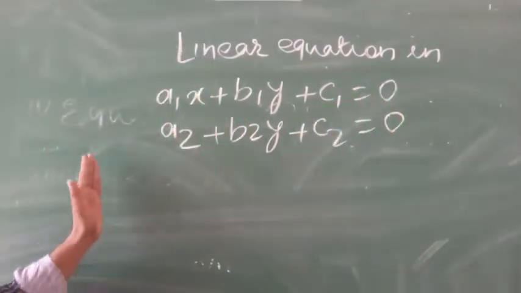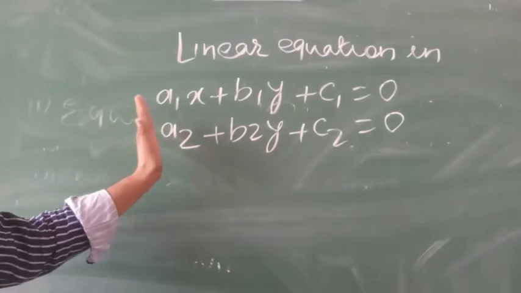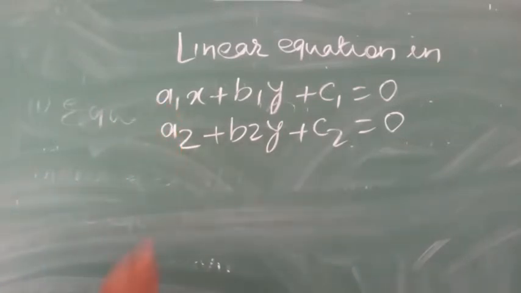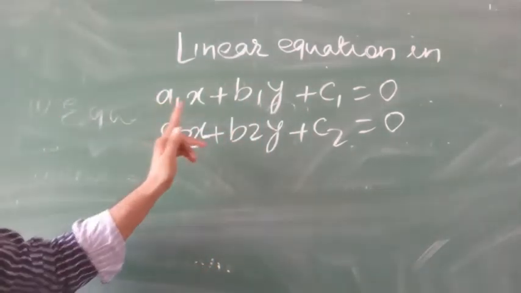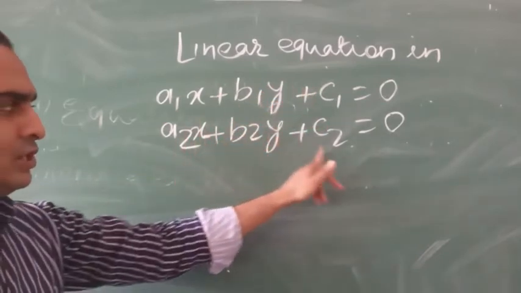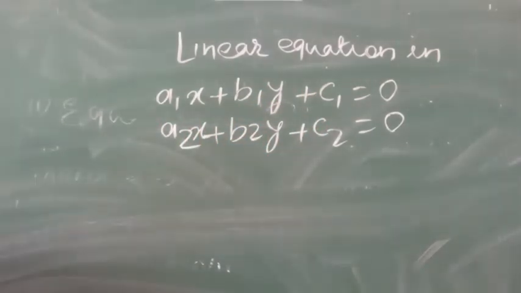These are the 2 linear equations in 2 variables, and the variables are x, y, and the constants are a1, b1, c1, a2, b2, c2, and a1, b1 are non-zero.